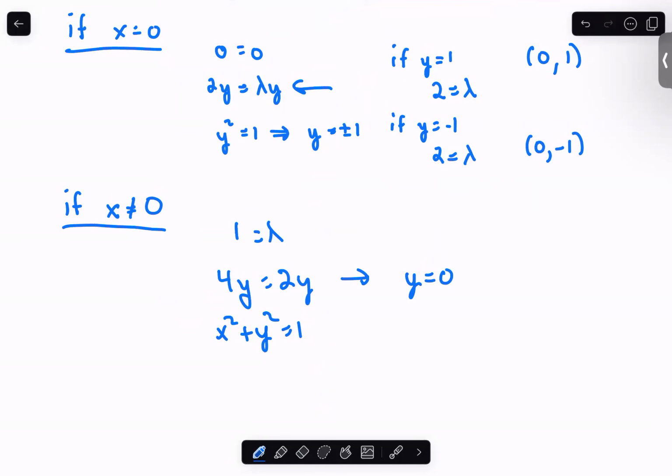So if y is equal to 0, plugging this into my third equation, I get that x squared is equal to 1. So if x is not equal to 0, then x is going to be plus or minus 1. And again, all of this happens where we have a lambda value of 1. So we have the two points here, (1, 0) and (-1, 0).